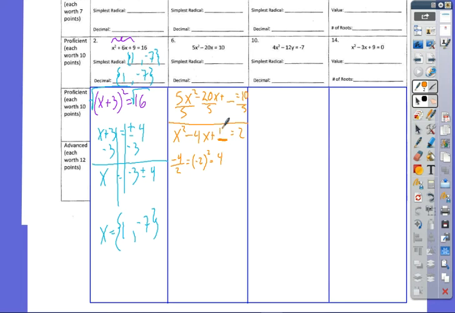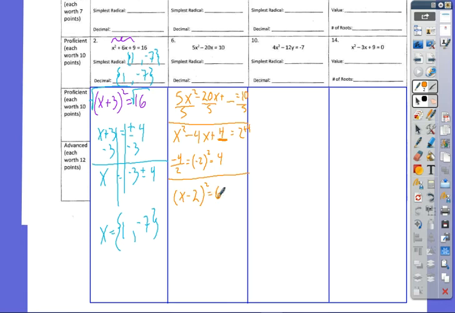So if I add 4 to the left side, I must add 4 to the right side as well, which will leave me with x minus 2 squared is equal to 6.